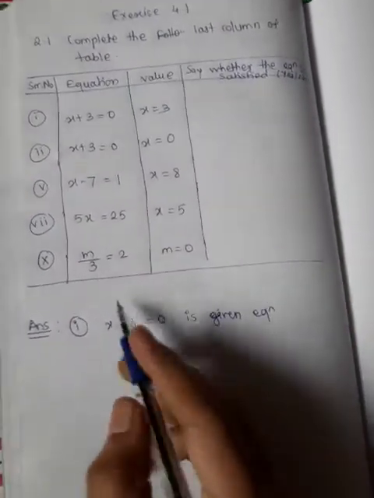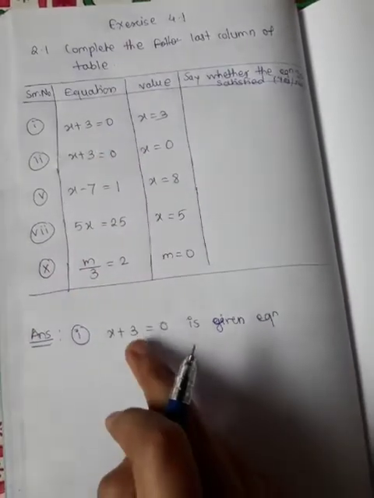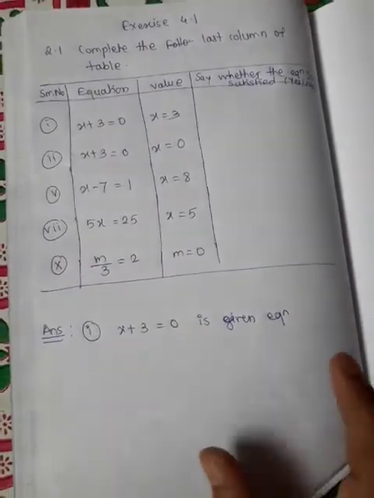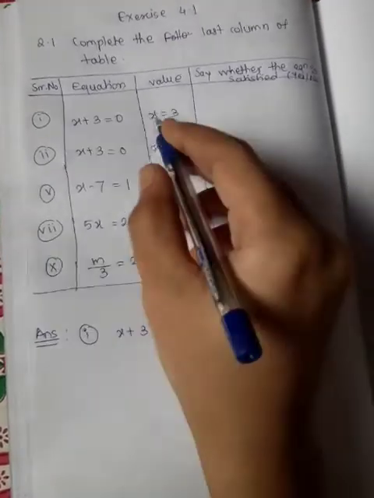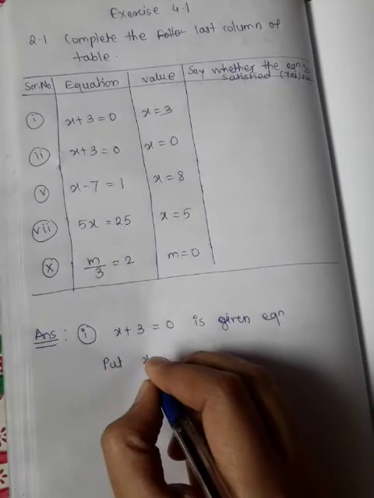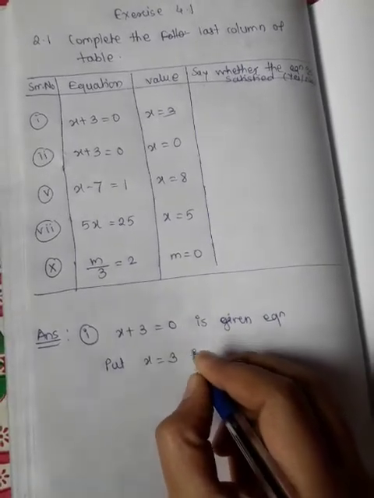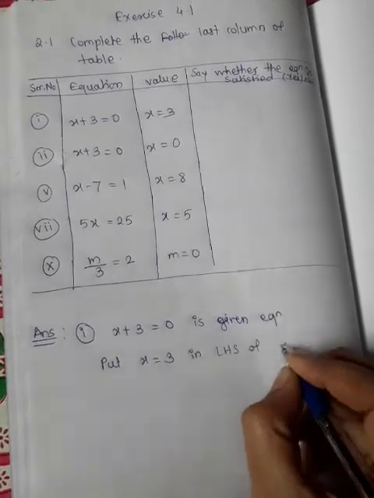So here let's see whether the value x is equal to 3 satisfies the given equation or not. So here we have to check x is equal to 3. Now put x is equal to 3 in the LHS of the given equation.